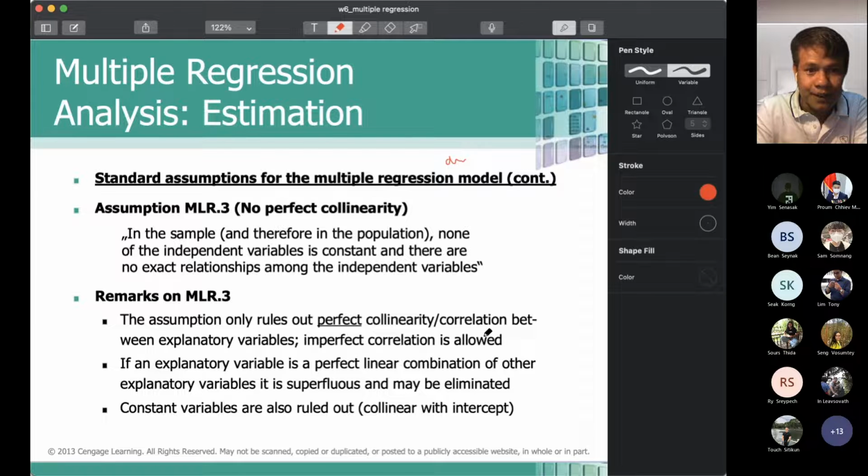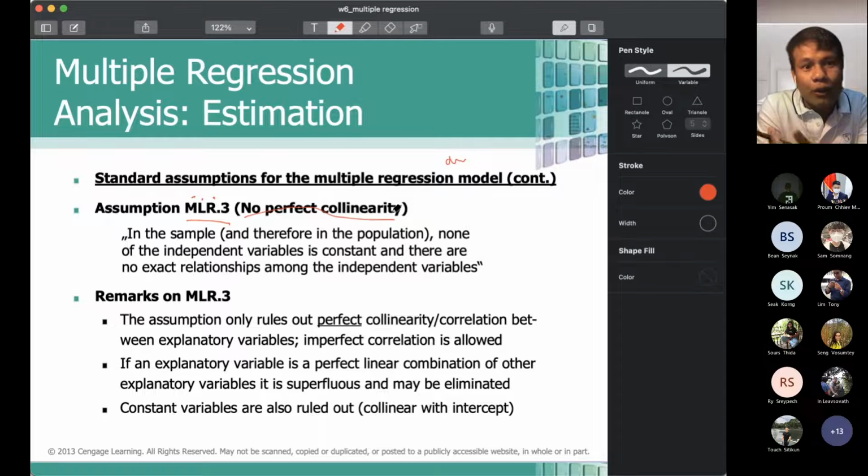All right, thank you. So class, this is a new assumption. Assumption number 3, MLR3, where MLR means multiple linear regression, is no perfect collinearity. What do we mean by no perfect collinearity? In multiple linear regression, you include more than one independent variable.